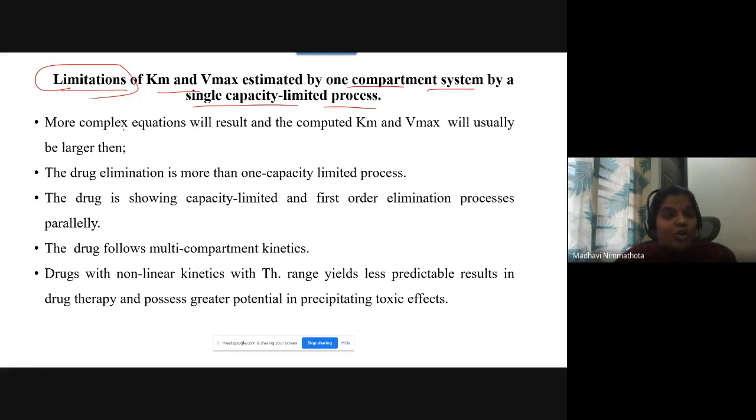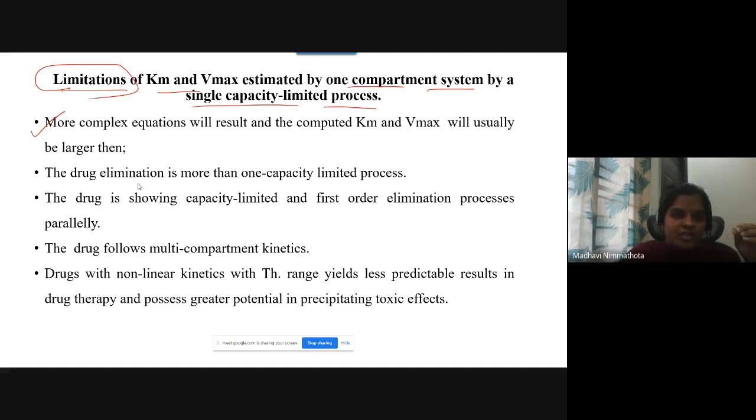So more complex equations will result and the computed Km and Vmax will usually be larger. So here we are able to get more equations, and if we get more equations, definitely there is some difficulty in getting these Km and Vmax derivations.